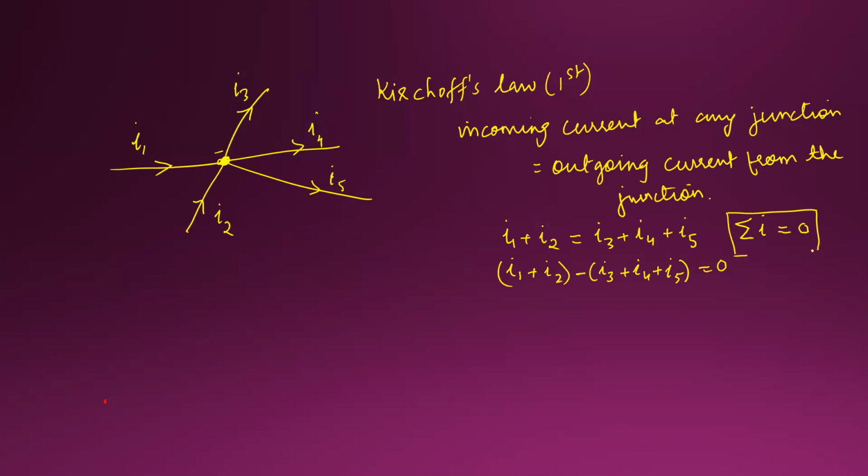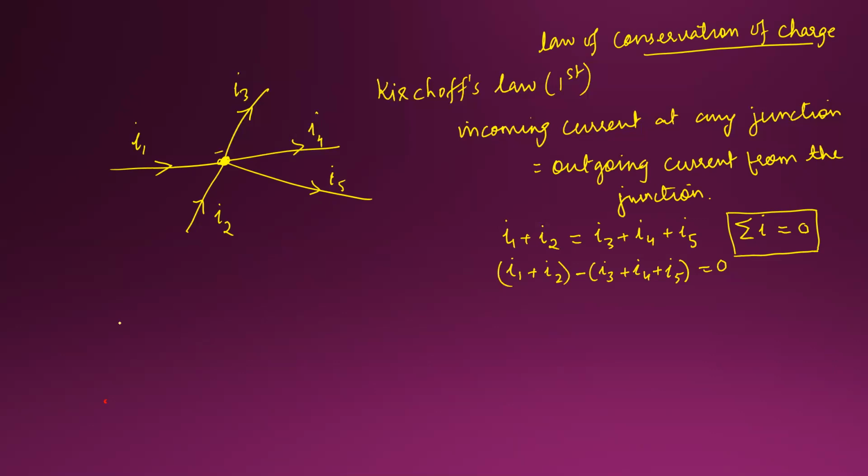This is Kirchhoff's current law, and this law is based on the law of conservation of charge. It is a very important law which we use to distribute the current in the whole circuit or electrical network. This is the first law.